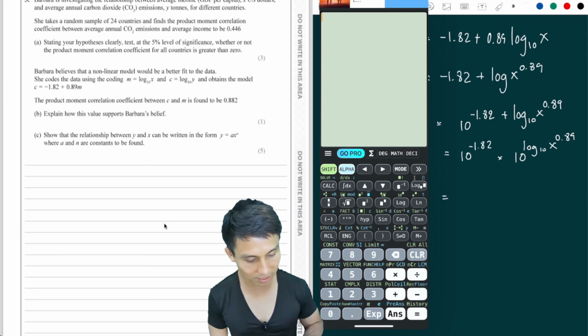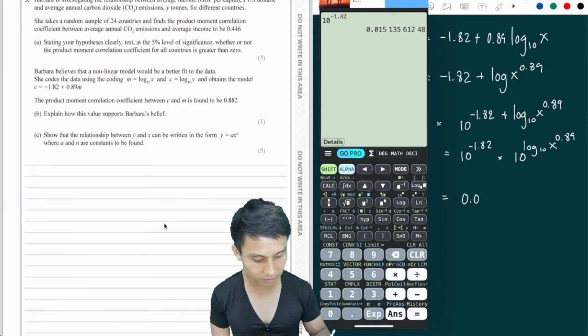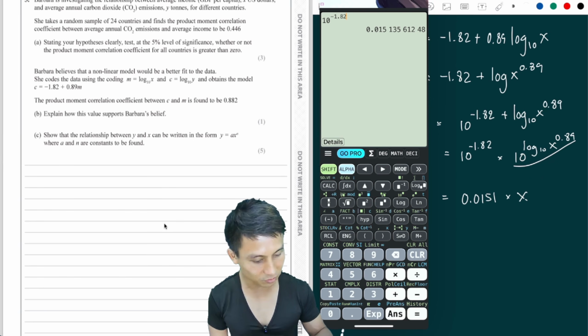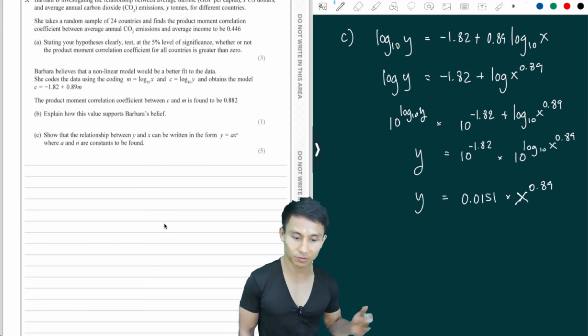So we've got to estimate that constant. 10 to the minus 1.82 is 0.0151, yeah? And that is just x to the power, because using a log property again, that's going to just bring the x power down as that. Okay, so, yeah, we got it.